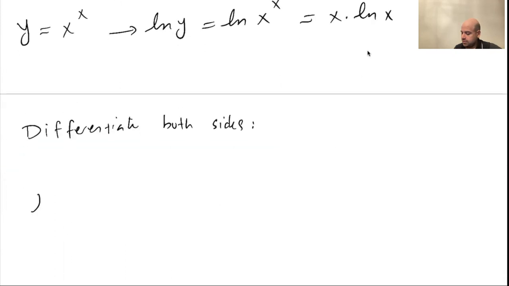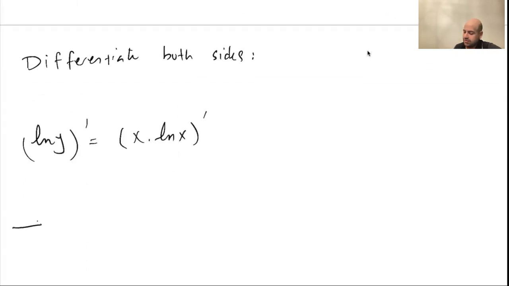I'll get ln y derivative is equal to x times ln x derivative. For x times ln x derivative, I have to use the product rule. And ln y derivative, I can write it as y prime over y. We just saw in the previous example.